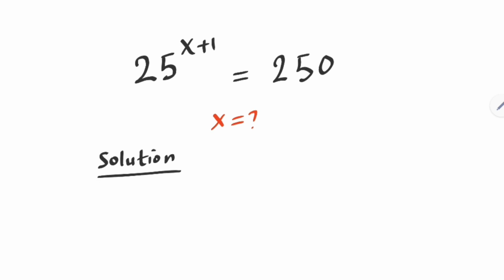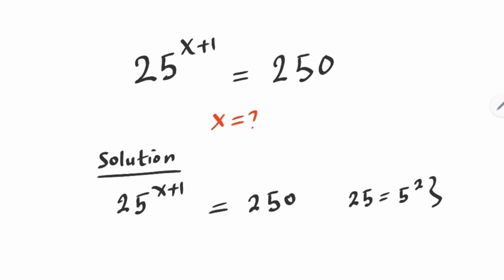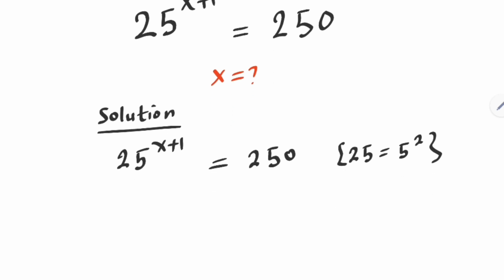We have the given equation 25 raised to power x plus 1 is equal to 250. Note 25 is equal to 5 square. Then this can be written as 5 square to the power of x plus 1 is equal to 250.